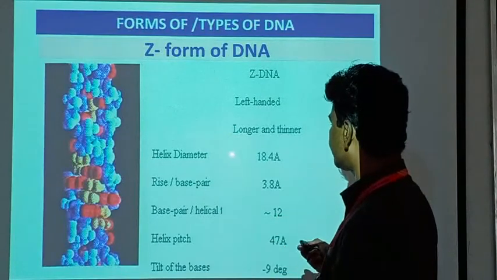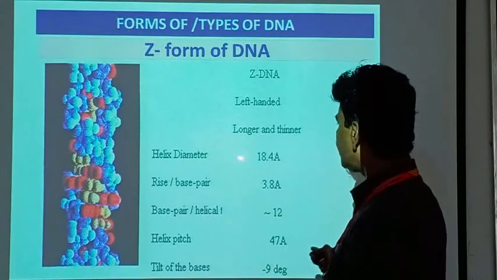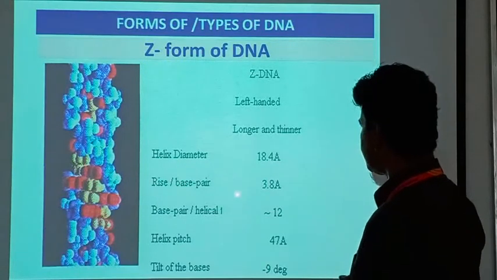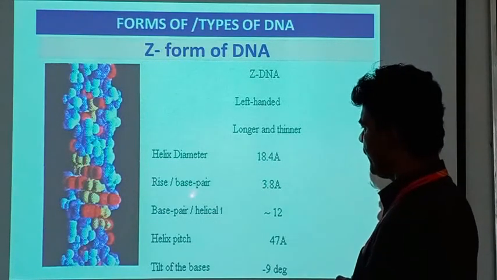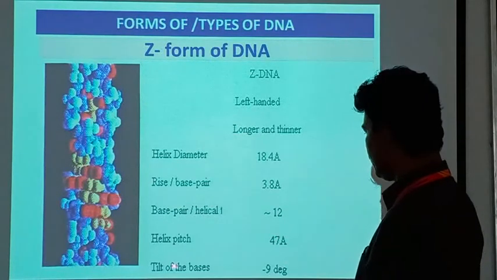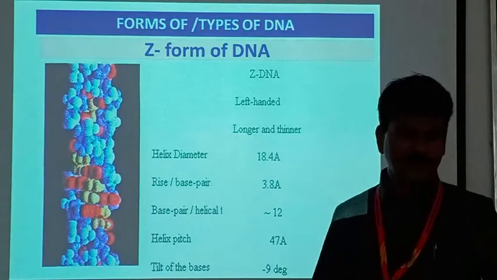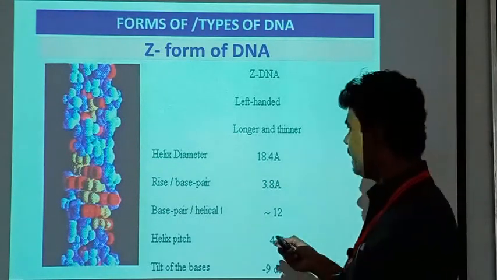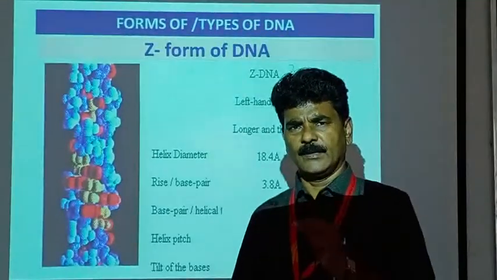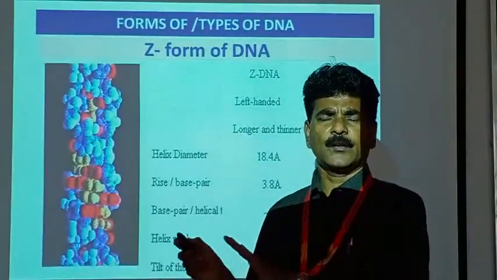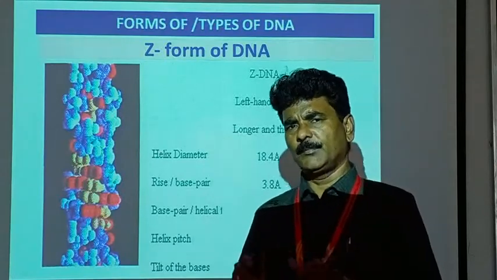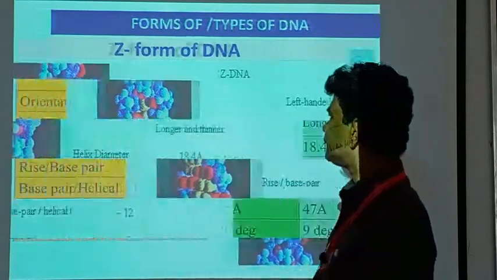Then helix diameter 18.4 angstrom, rise per base pair 3.8 angstrom, base pair per helical turn 12, helix pitch is 47 angstrom and tilt of the base 9 degree. Means when we compare these properties to B and A, they are completely different. So in this way, these are the different forms of the DNA.